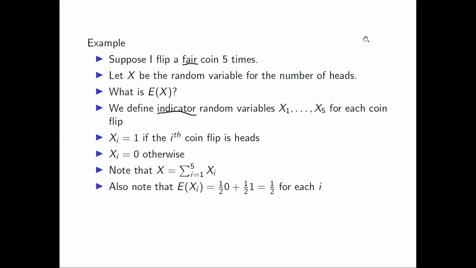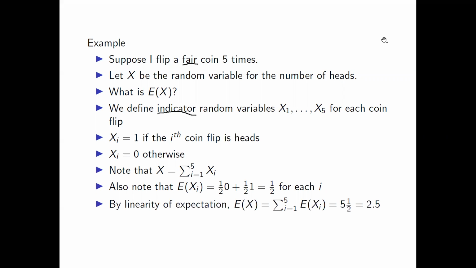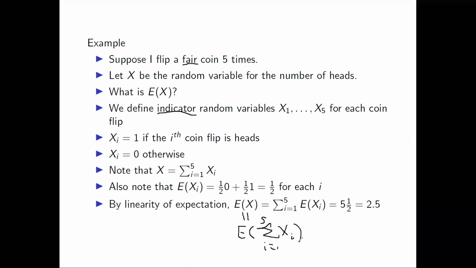And now we'll use linearity of expectation. The linearity of expectation part is going to be in the second step. First step, we'll write x as the sum. So x is the sum i equals 1 to 5 of xi. And this is the linearity of expectation right there.